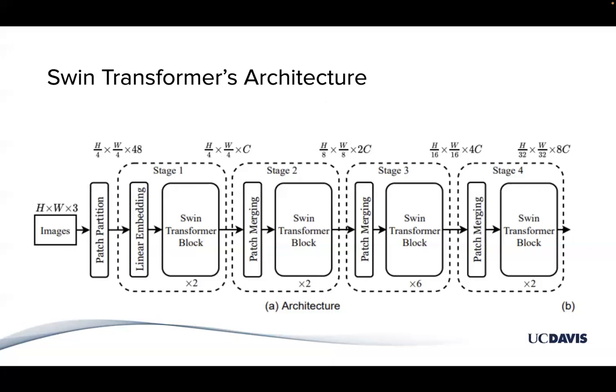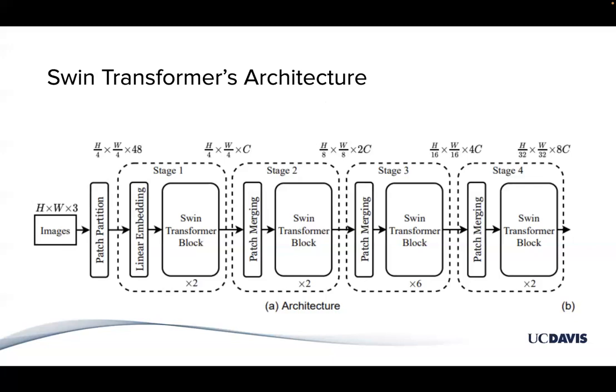Patch merging is grouping 2 by 2 adjacent patches by concatenating the 4 elements and then applying a linear layer. For example, in the first patch merging, since each element of the input feature map has a vector size of C, concatenating 2 by 2 patches into one will give a vector of length 4C.